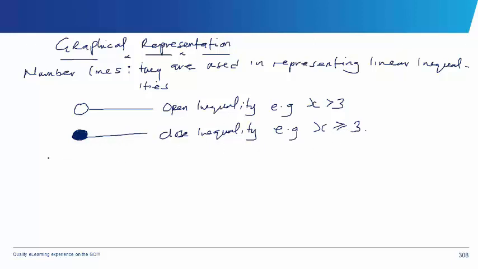And so we'll be taking the following examples. For example 1, we have to represent the inequality minus 1 less than x less than or equal to 2. We use both open and closed inequality.